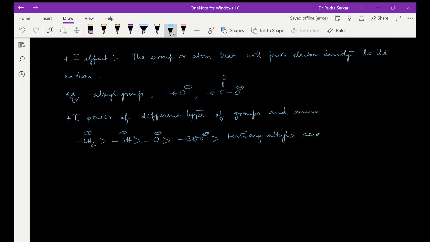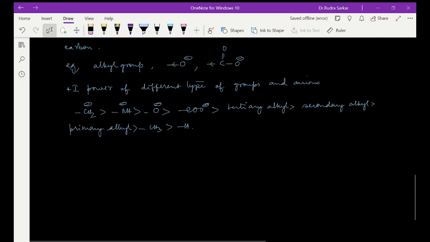Then we have the secondary alkyl group followed by the primary alkyl group, which will eventually be followed by a methyl and followed by hydrogen.